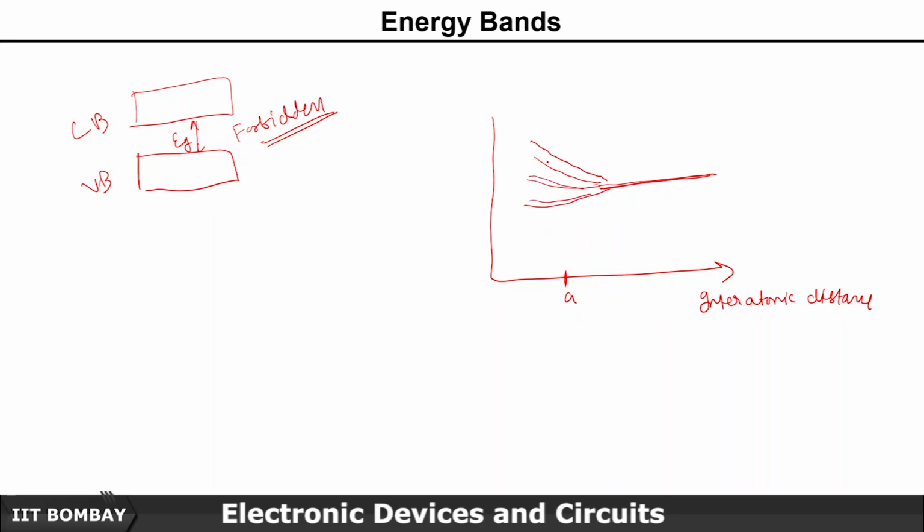They will have different energy levels, still finite but placed very close to each other. This is the splitting of the energy level, or formation of bands. This is applicable for n number of atoms in close proximity.